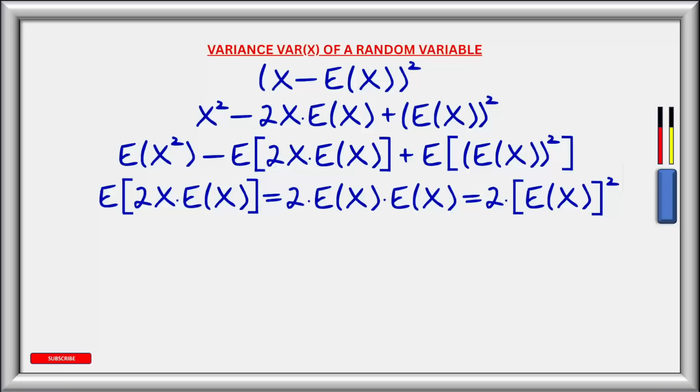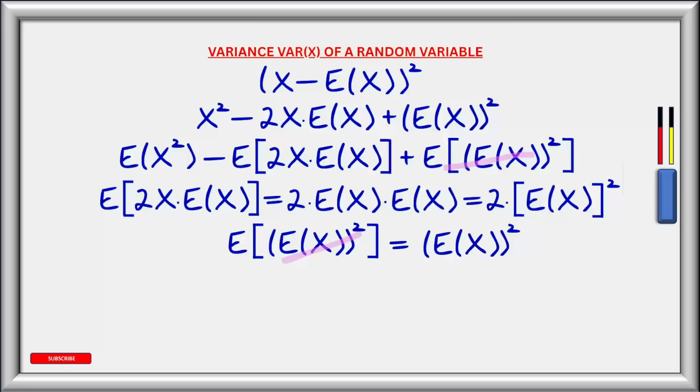And so the expected value of 2X multiplied by E[X] is equal to 2 multiplied by the expected value of X, and again multiplied by the expected value of X. And this equals 2 multiplied by the square of the expected value of X. And we should also note that the expectation of a constant is just the constant itself. So this third term is simply the square of the expected value of X.